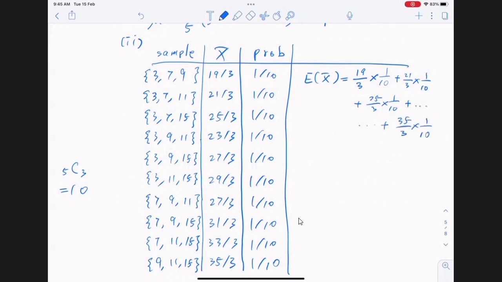We multiply each of these numbers by 1/10, and we have 10 terms of this product. We add them up.